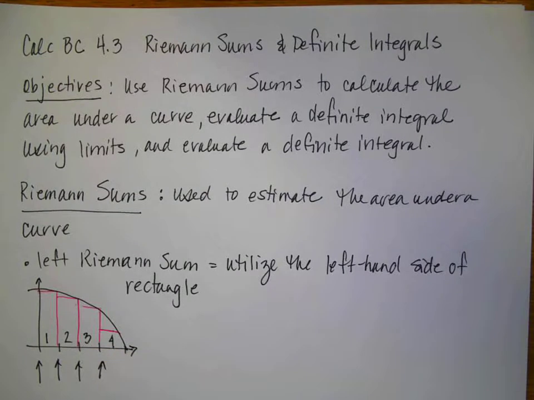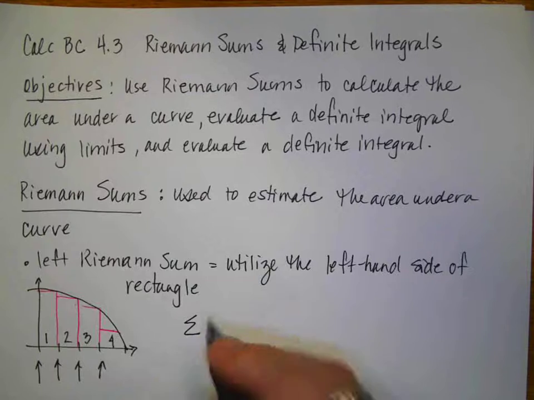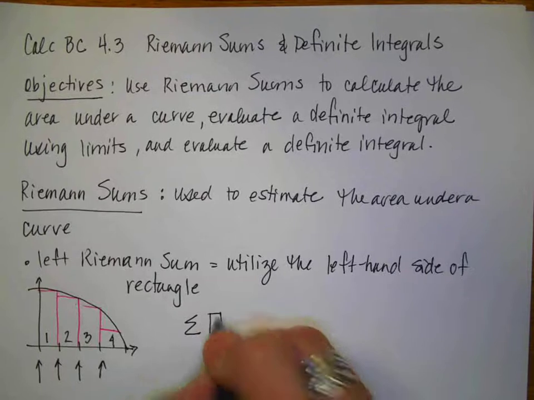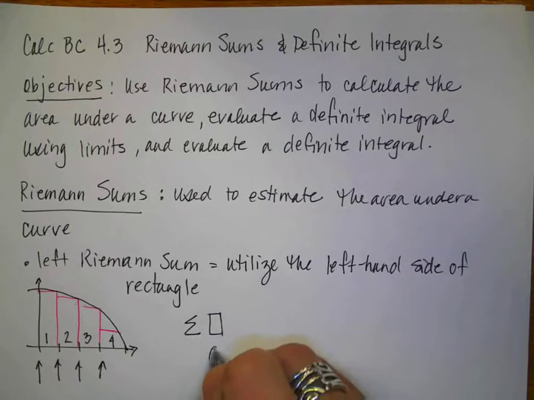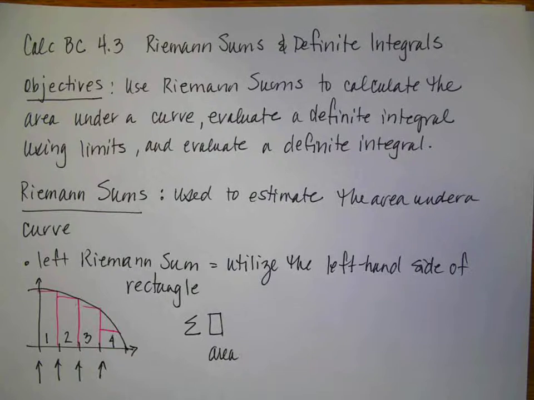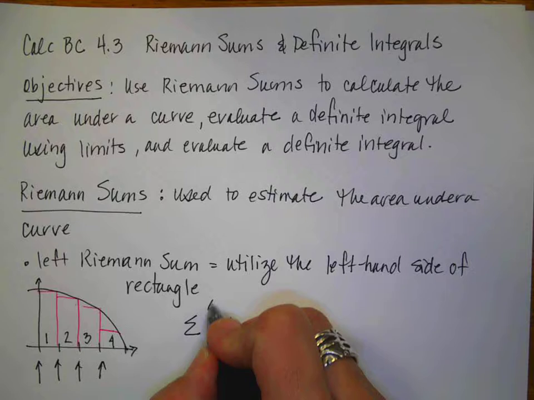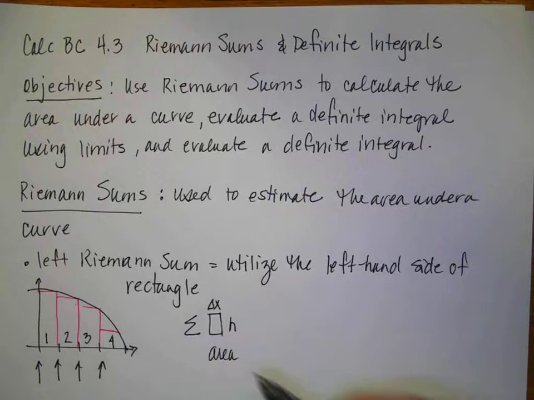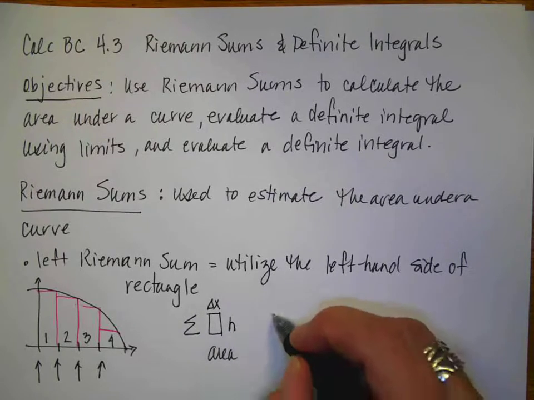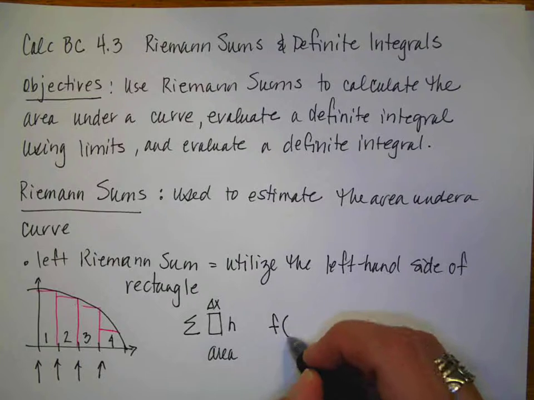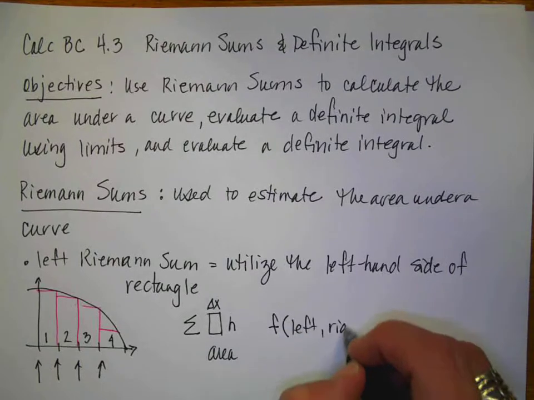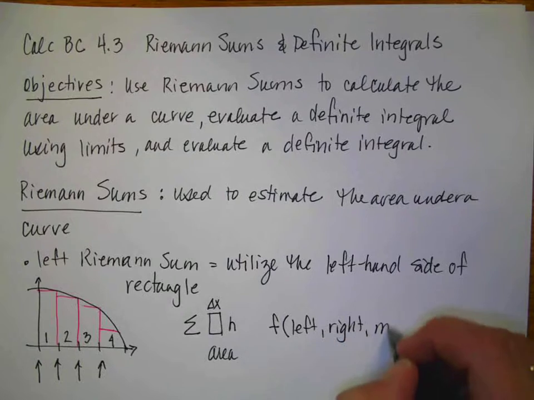So remember, what I'm doing as I use a Riemann sum is I'm summing the area of the rectangles. I have to have a height, and I have to have a width. Well, the height is always going to be the function evaluated at either the left, the right, or the middle.